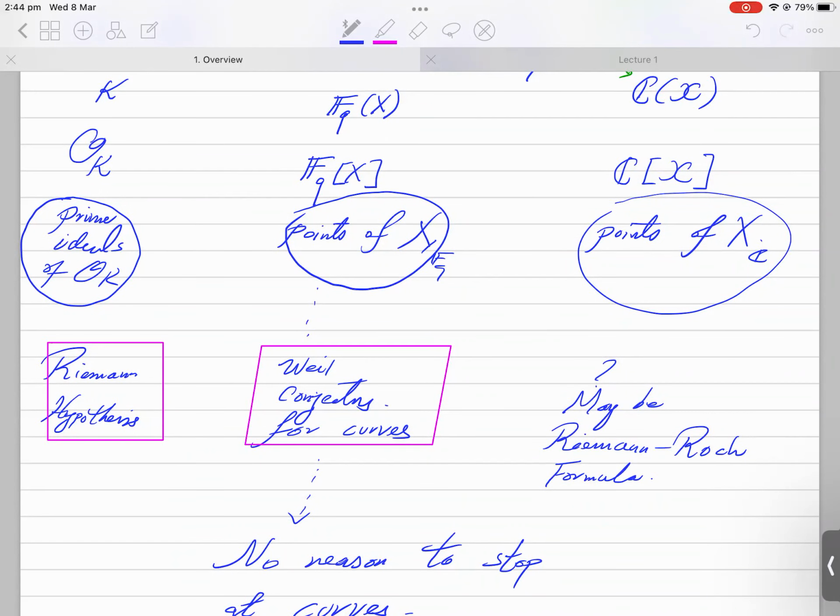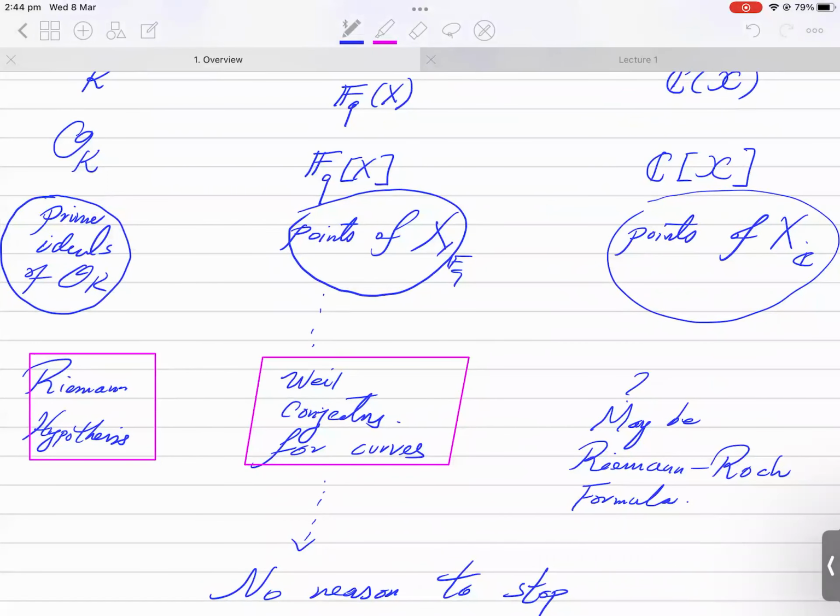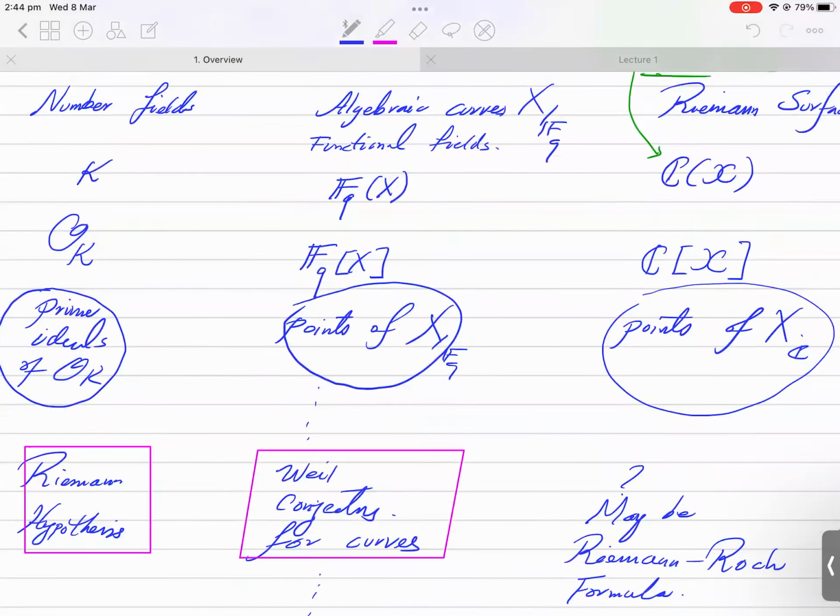And then what Weil worked on for most of his life was, okay, his idea was, let's take the deepest thing that we could dream of about number fields, which is the Riemann hypothesis, and let's see if we can translate it to the function fields or to the algebraic curve world.